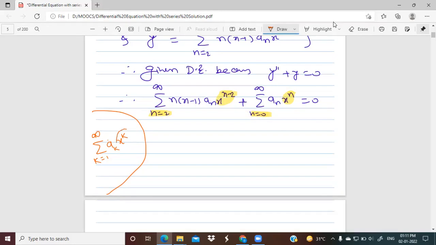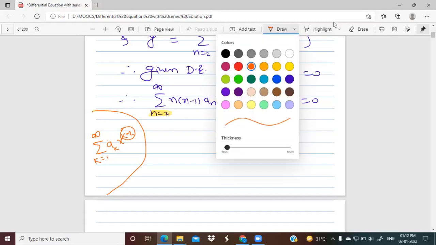If x raised to power k minus 2 is there, and I would like to change this power so that it becomes k, what do we have to put?